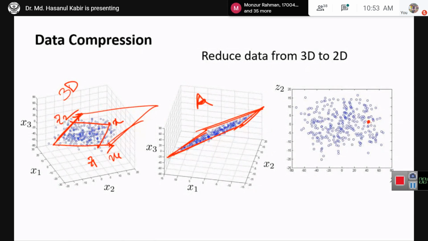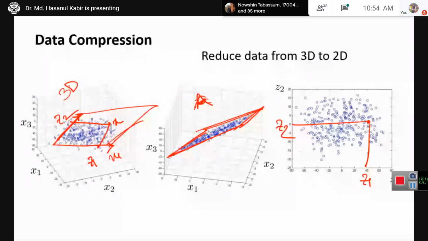If I look from the point of this plane only, I will get my Z1 and my Z2. So don't you think that you have reduced the feature dimension from 3D to 2D? Yes, sir. Okay, so do you get the point?